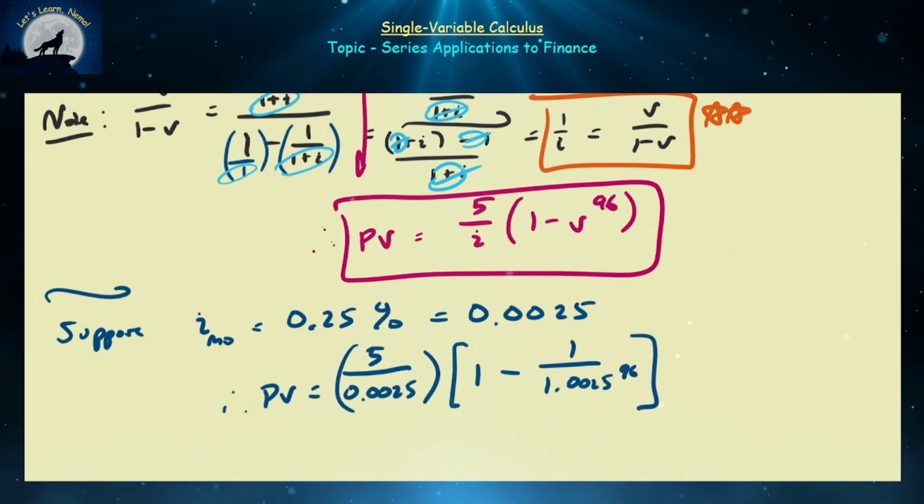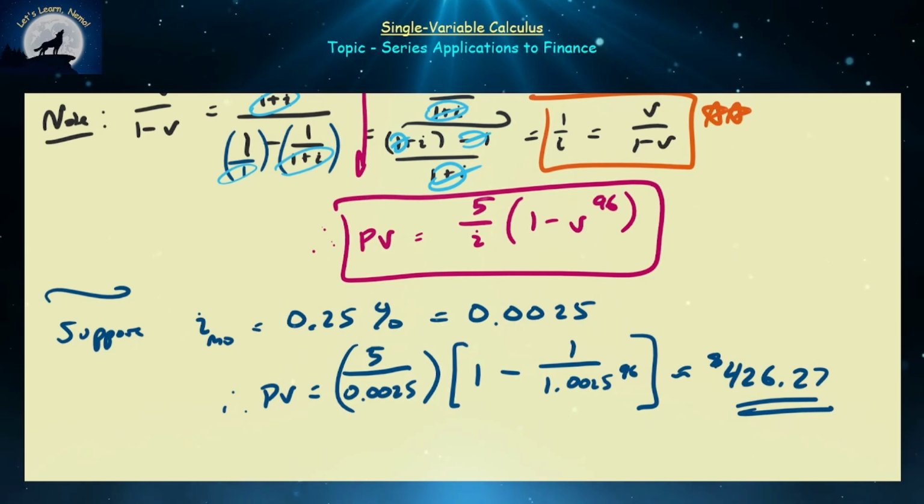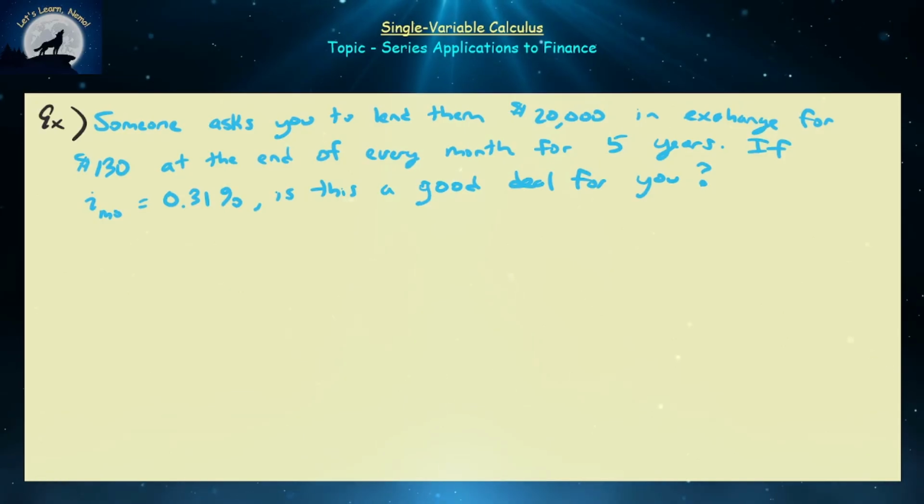And once you actually do that calculation, you're going to come out to approximately $426.27. So under this particular interest rate, if you want to purchase this particular sequence of cash flows today, it is worth $426. So obviously, if you want a good deal, you would pay less, or lend this person less than $426, roughly. Let's do another example.